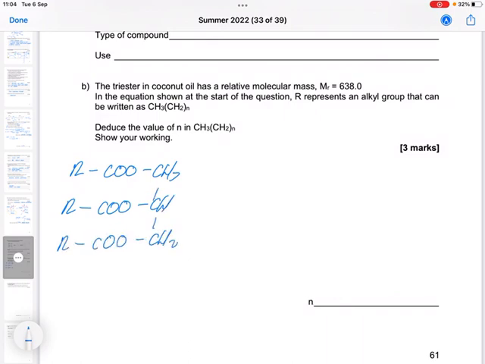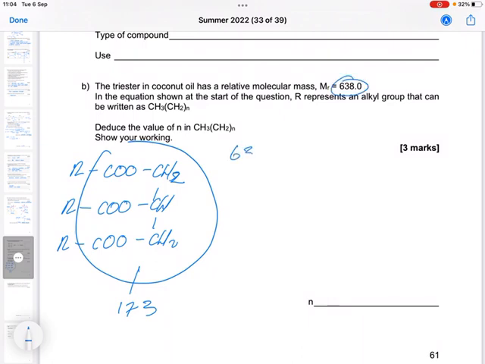I've just added that up. That is 173. I need to take that away from here. So 638 minus 173 equals 465, and that is equal to 3 R groups.